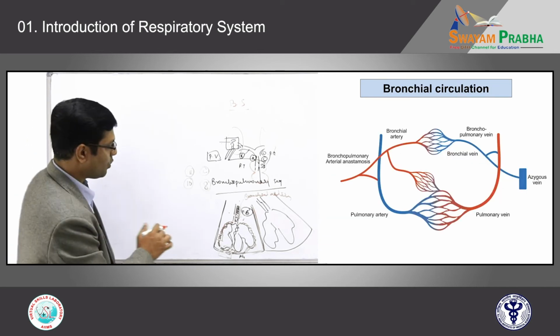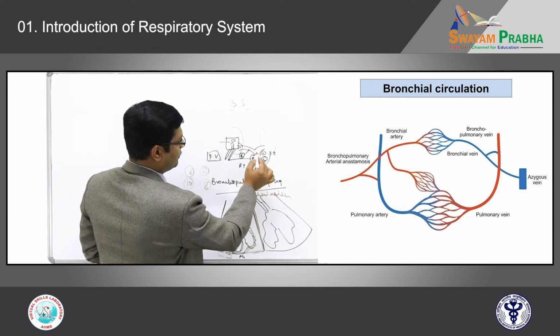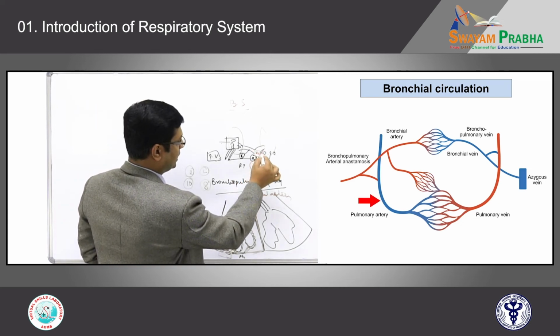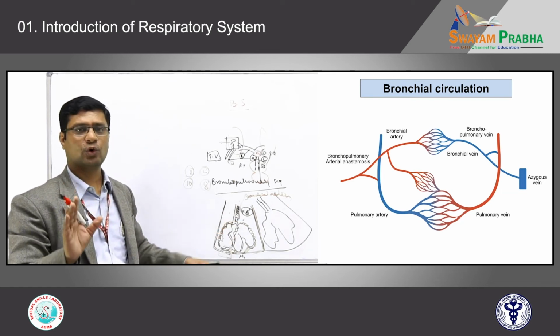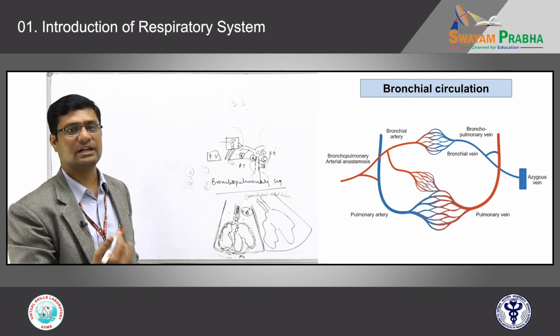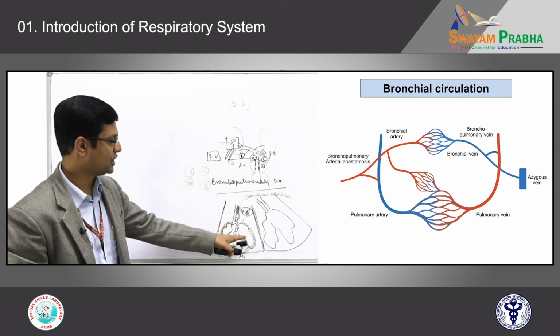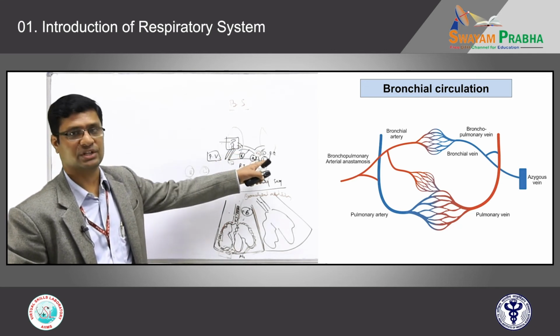Let us see what is the function of these circulations. All of you should remember, the main function of the pulmonary artery and pulmonary vein in the lung parenchyma is only for gaseous exchange. It takes the oxygen and it gives the carbon dioxide. All this exchange is carried out by the pulmonary artery and pulmonary vein circulation.